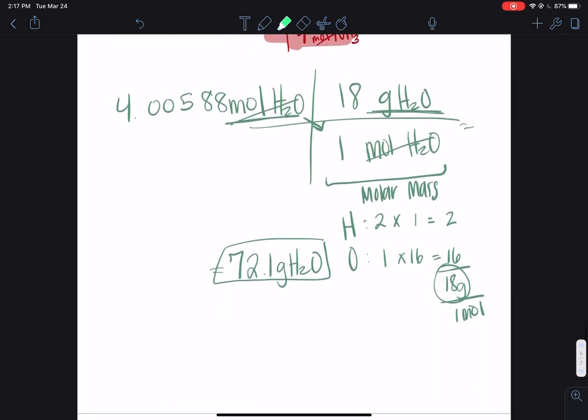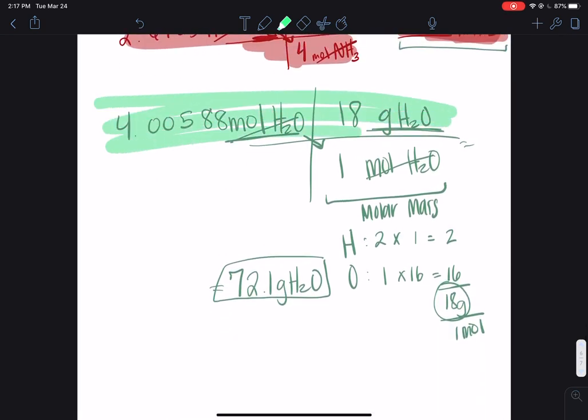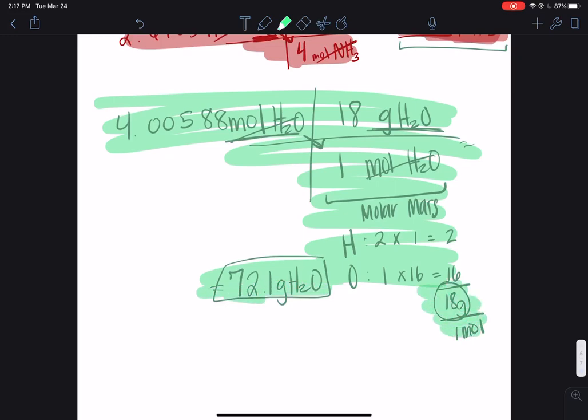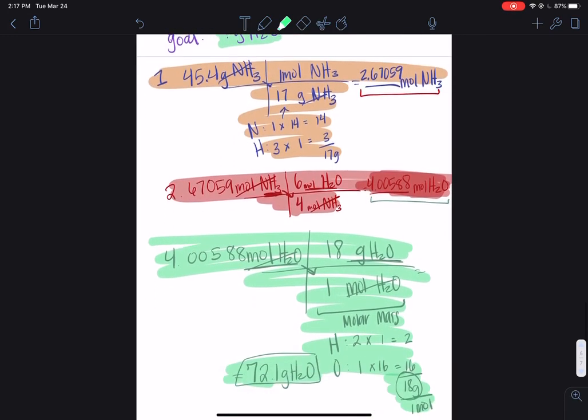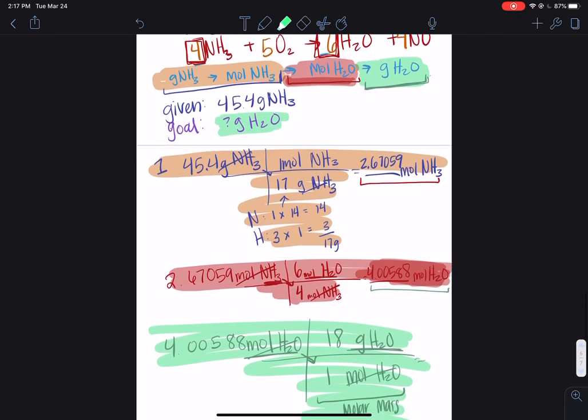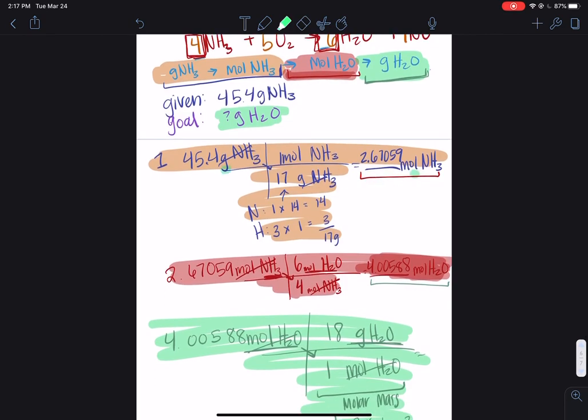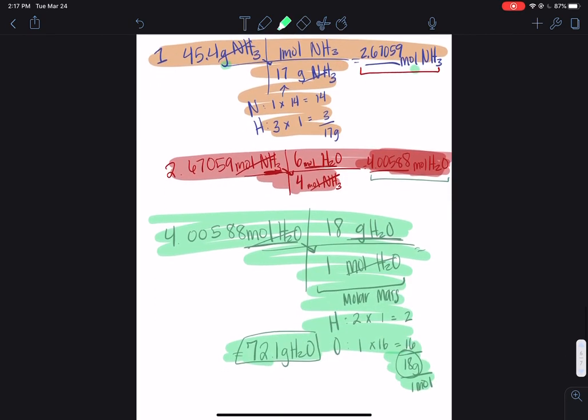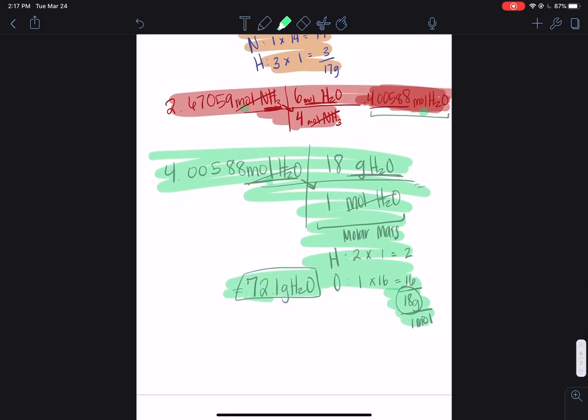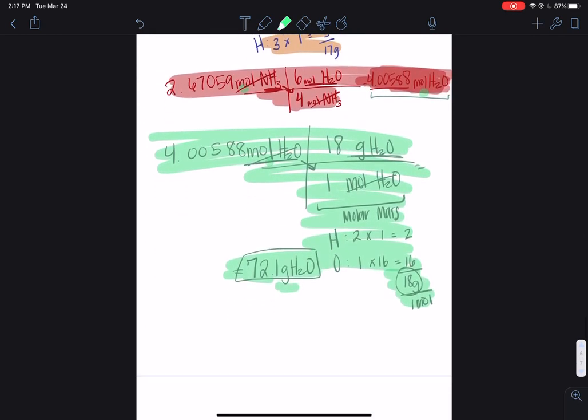Those of you who prefer to do it all in one step, I'm just highlighting so that you can see everything. If you look, we did 3 steps. We did grams to moles of substance A, moles to moles of substance B, moles of substance B to grams of substance B. Those are our 3 steps.